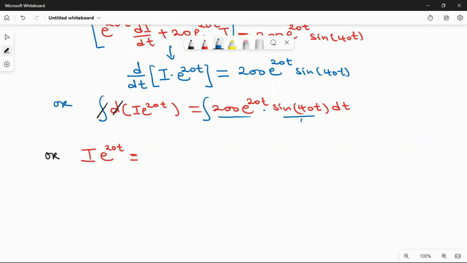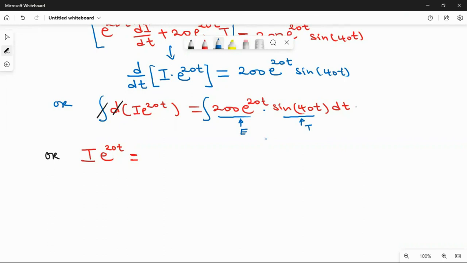One part is a sine, that is trigonometric, and the other one is exponential. You could factor out the 200 or pick it together with the exponential function. So I'm going to use integration by parts.